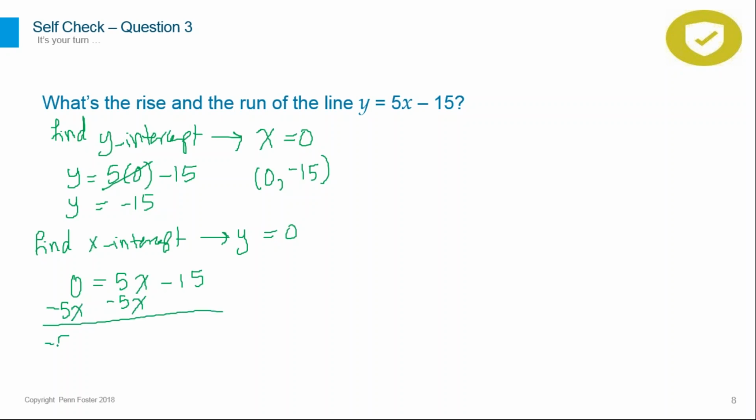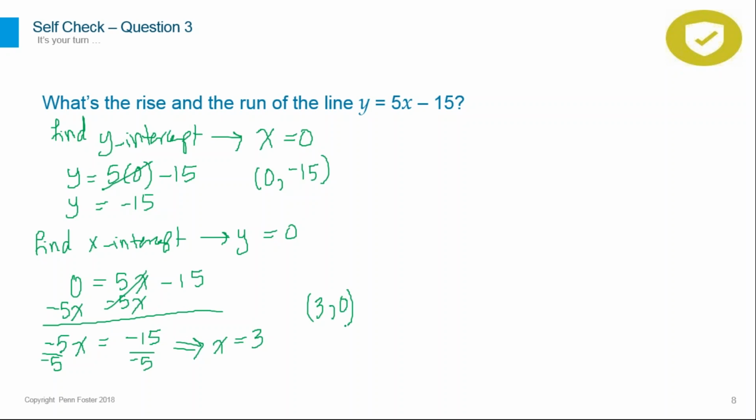So that would be -5x equals -15. Divide by -5 on both sides, and that will give us that the value of x is 3, and that will give us the second point, which is (3, 0).